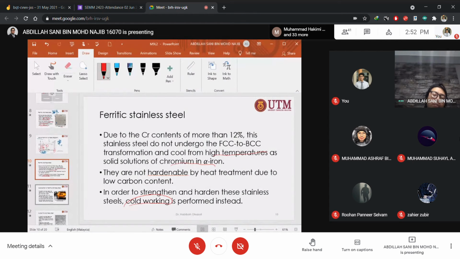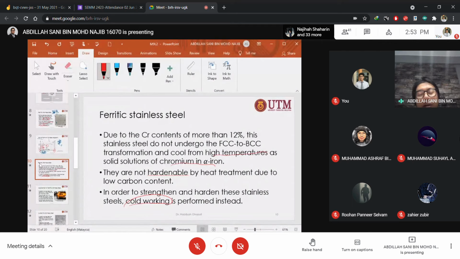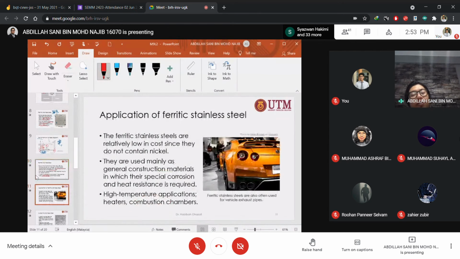So we only have cold working, which is strain hardening. And grain refinement, now I remember. Grain refinement is not applicable to this because we are talking about alloying.